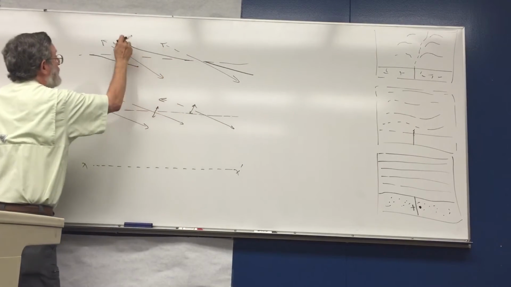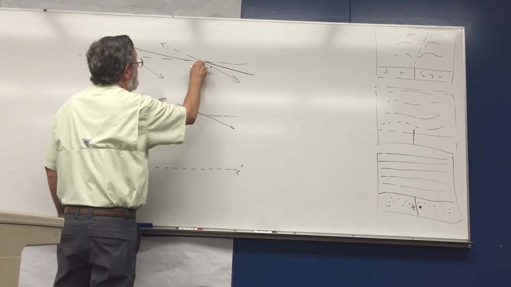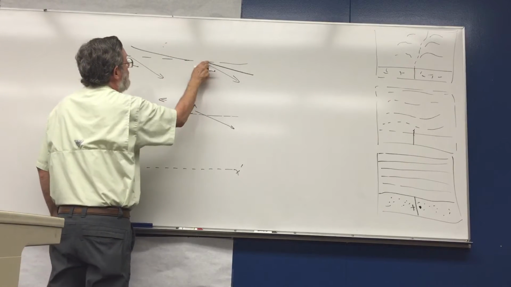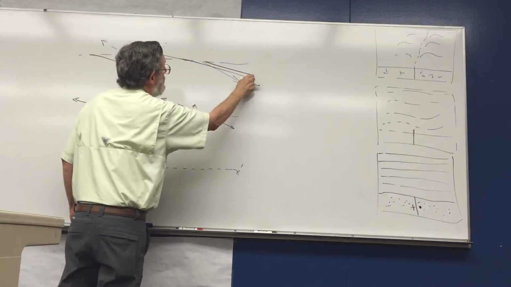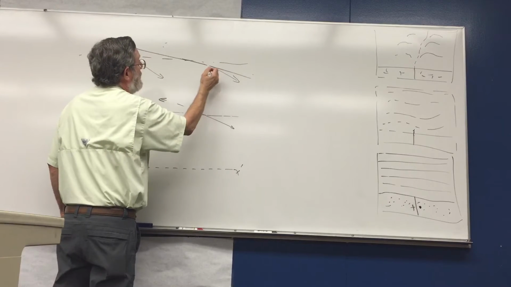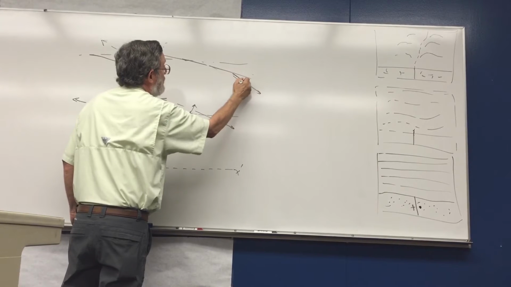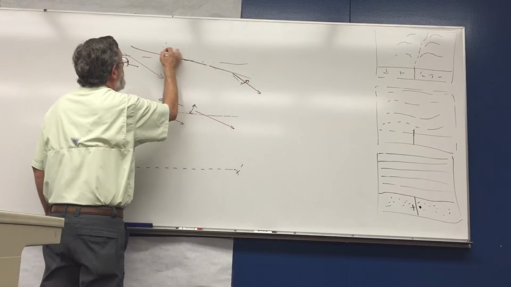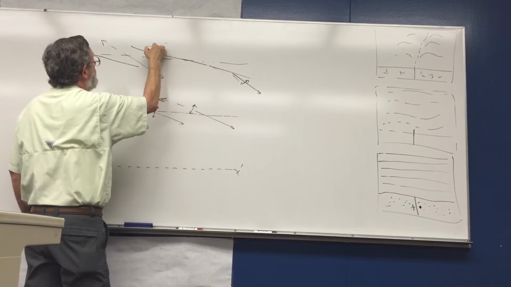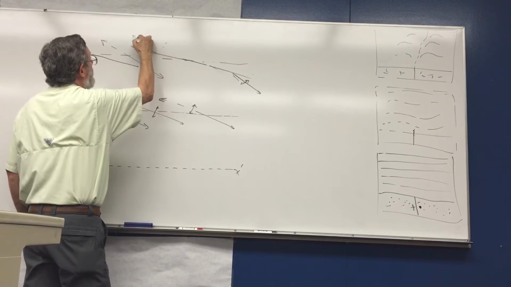If we happen to draw this correctly, I'm going to take that one, move this over. Now what happens is my fold is going to get offset on this system here, like that.